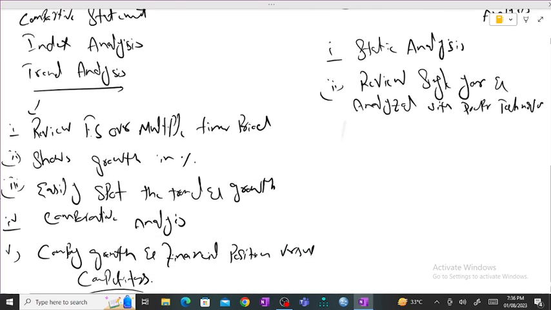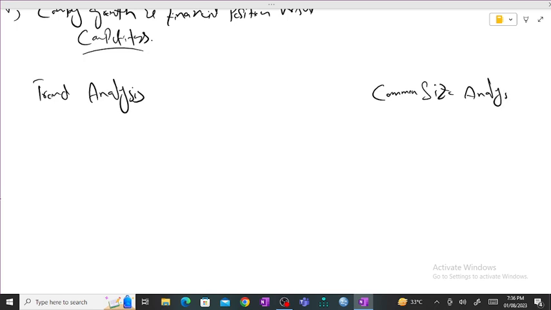Let's take an example to solve the income statement first, then we will get a better understanding of what it means. So we are going to do trend analysis and common size analysis for an income statement.